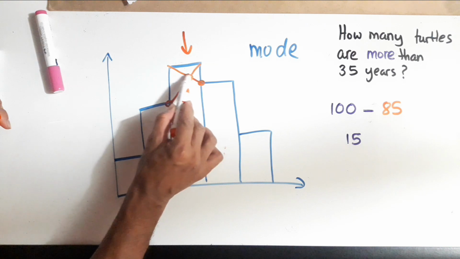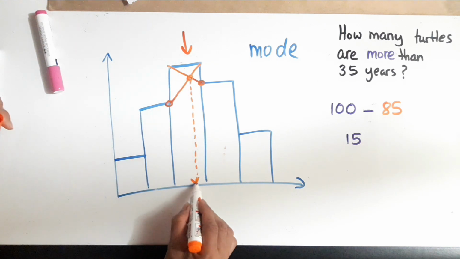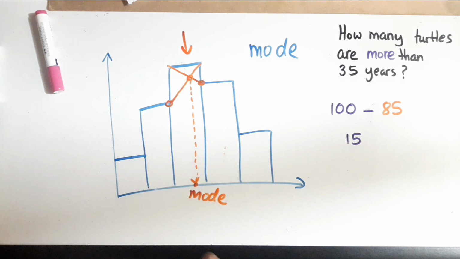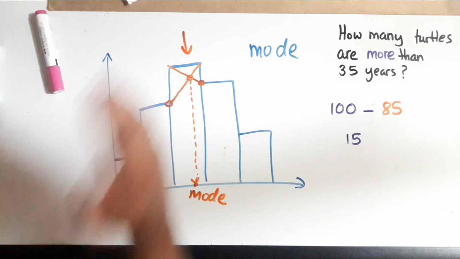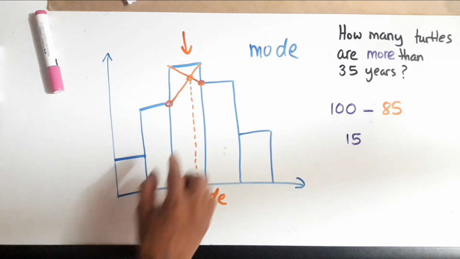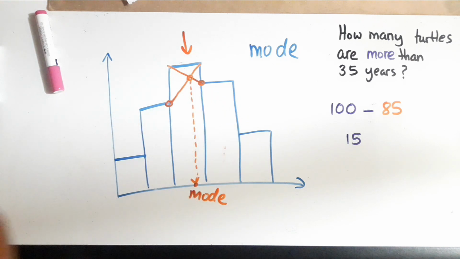Where the X meets, drop it straight down. And the number it falls on, the actual number it falls on, is the mode. So to recap, find the tallest building. The tallest building will have two shorter buildings touching it. Draw an X, and where the X meets, drop it straight down.